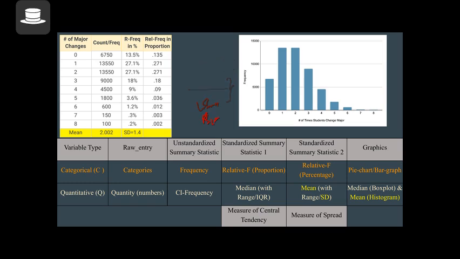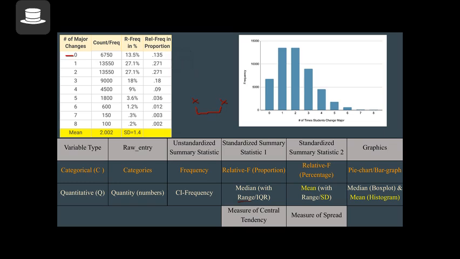If you're using median as a measure of center, then the corresponding measure of spread is the range. What is range? Well, what is the minimum value and what is the maximum value? And the difference between those two is the range. So 0 is the minimum number of times they change their major. 8 is the max. 8 minus 0, 8 is the range, right?